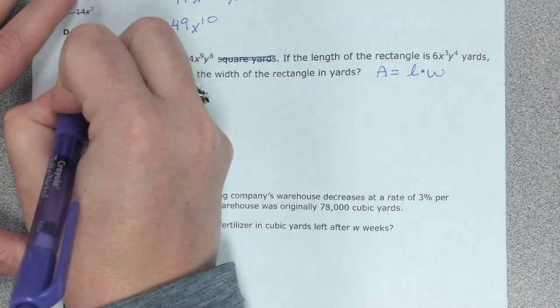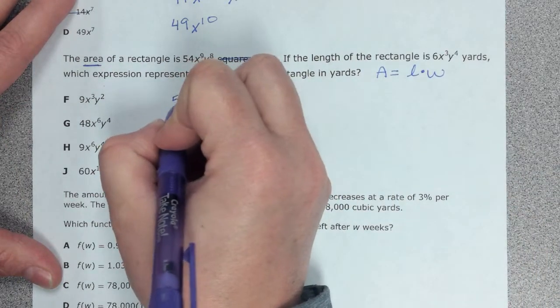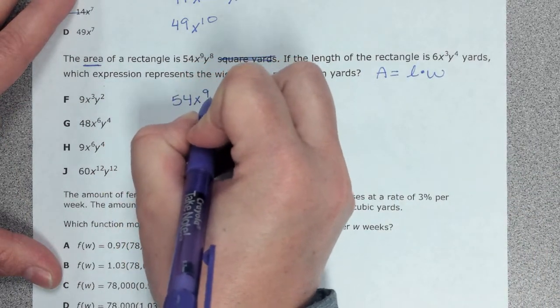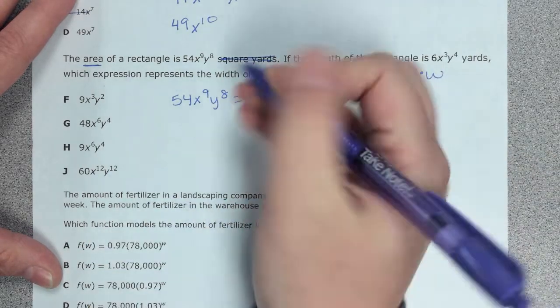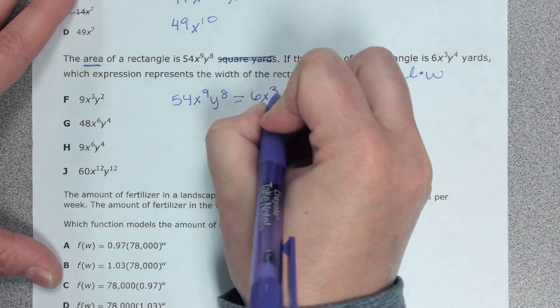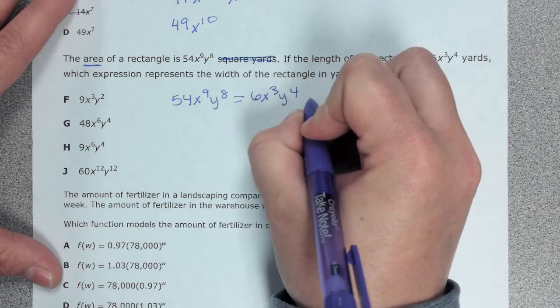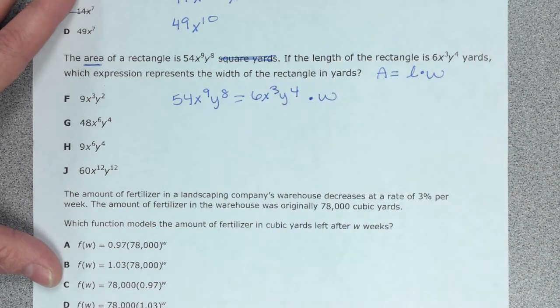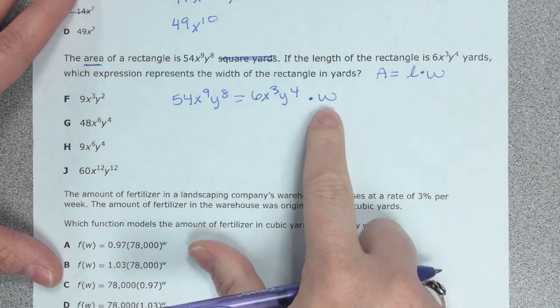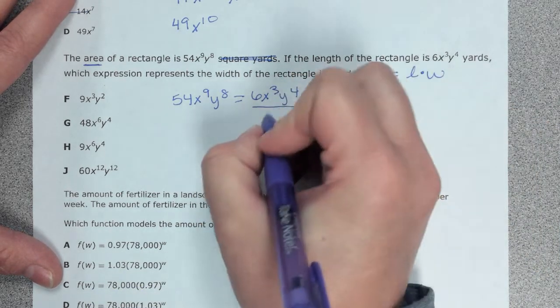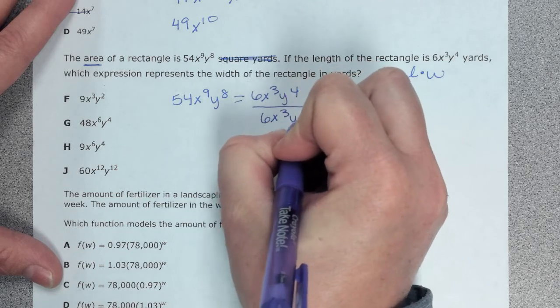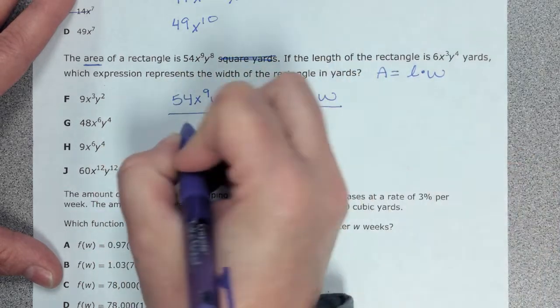Now I'm going to plug in what I know. The area is 54x to the 9th, y to the 8th, equals, they gave me my length, 6x to the 3rd, y to the 4th, times w. Now to get w by itself, what's the opposite of multiplication? Well, that should be division. And what I do to one side, I have to do to the other.